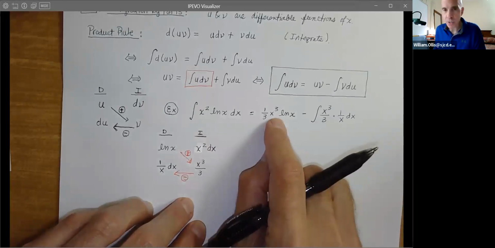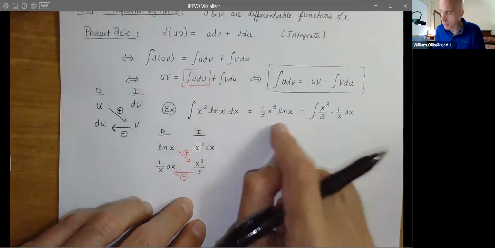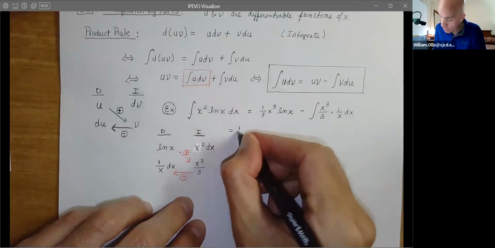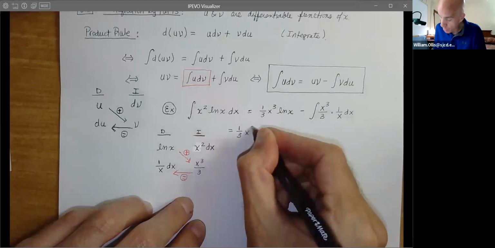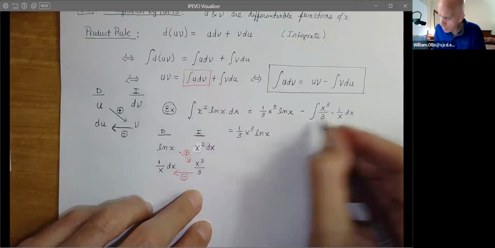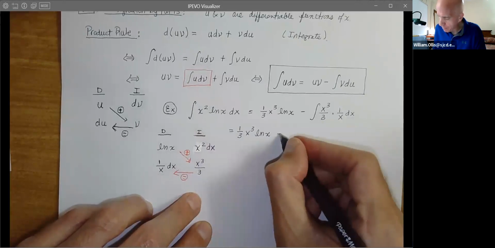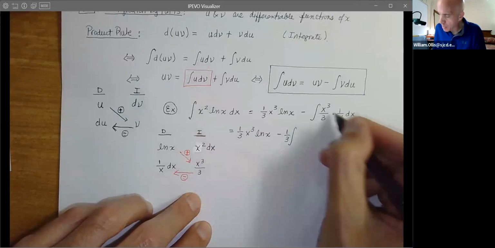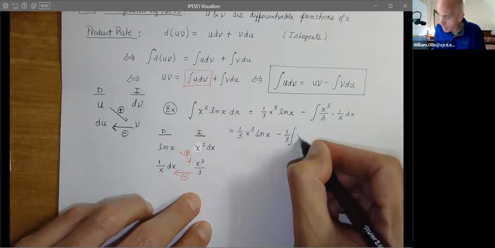Now that part's done. The UV's done. Then we can do this. So let's simplify. So we have 1/3 x cubed ln x, and now we've got a 1/3 here. We can factor that, and then of course the x absorbs into the x cubed to give us an x squared.